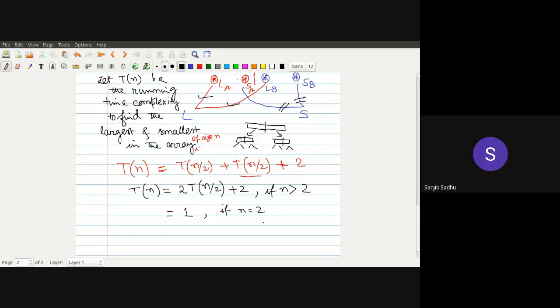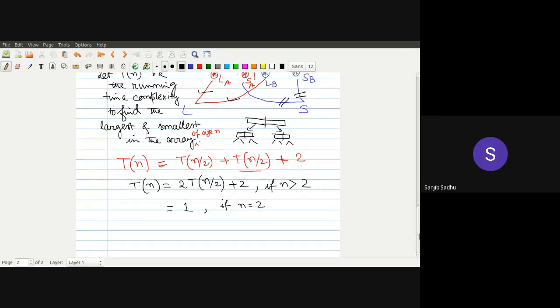Which one is the larger? You can find that out if there are only two elements. Now you need to solve it. So how can you solve it? Is it clear? Tell me up to this. Yes, sir.